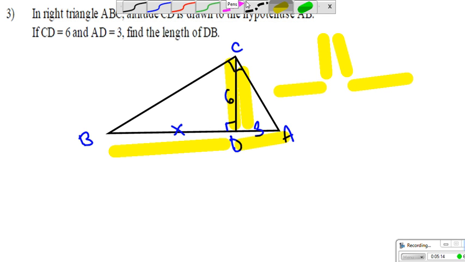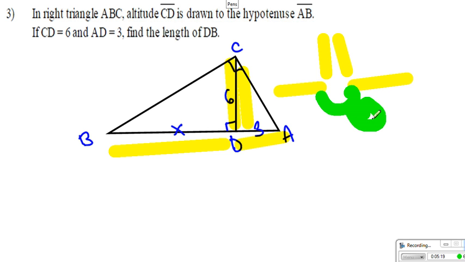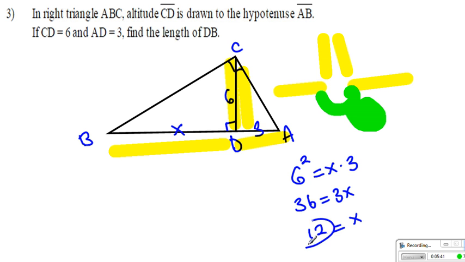Now, when you look into that, it looks like a smiley face. That's why we are calling it the smiley face method. Regardless of what the method might be called, the relationship is 6 squared, which would be equal to x times 3. Then we get 36, which is equal to 3x, which gets us x to be equal to 12. So that's equal to 12.